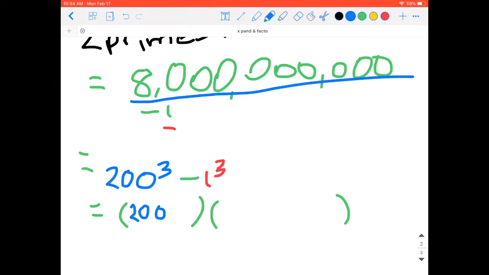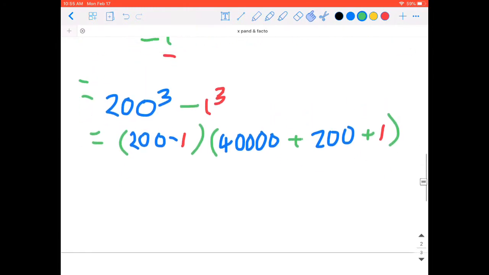And then we can use our difference of cubes, which would be the quantity 200 minus 1, and then 40,000 plus 200 plus 1. That's 199, which I think is a square, I hope.